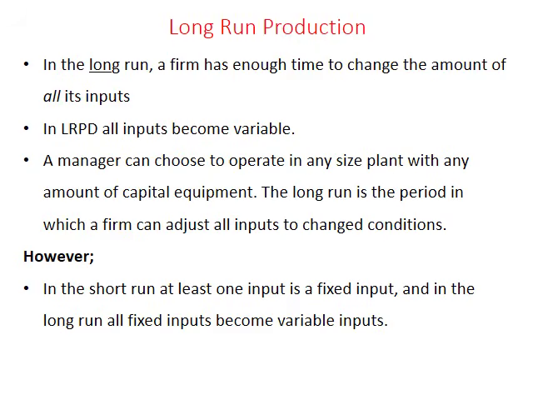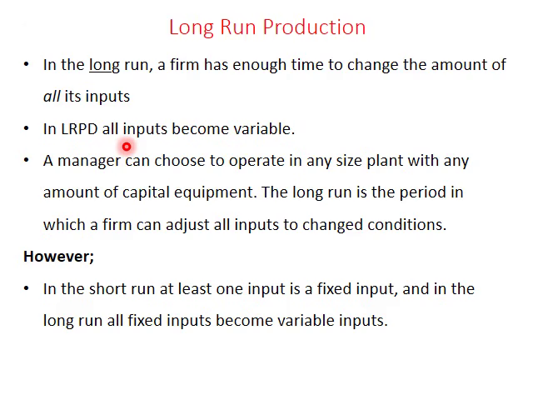Now let's start the other portion, that is long-run production. In the long run, a firm has enough time to change all the inputs. In the long-run production decision, all the inputs become variable inputs, unlike short-term production.